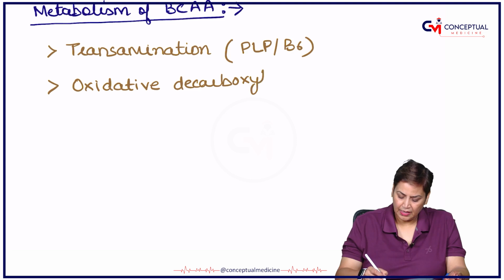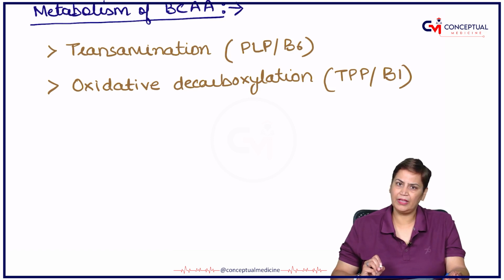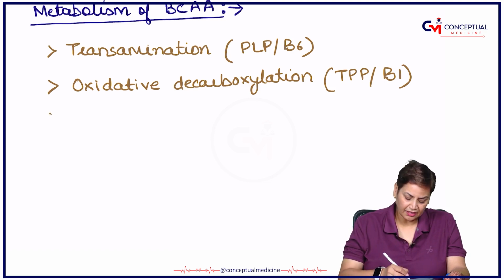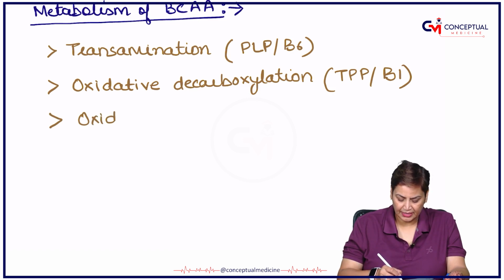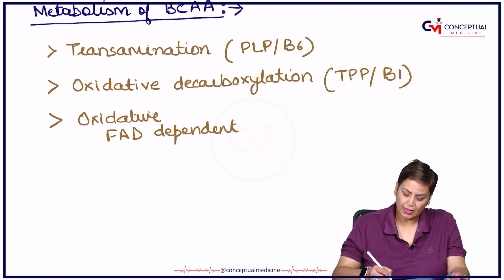Now, for oxidative decarboxylation, the coenzyme required is TPP or vitamin B1. Very important. And the third similar reaction to all the 3 amino acids is oxidative, or simply we can say FAD dependent, dehydrogenation.